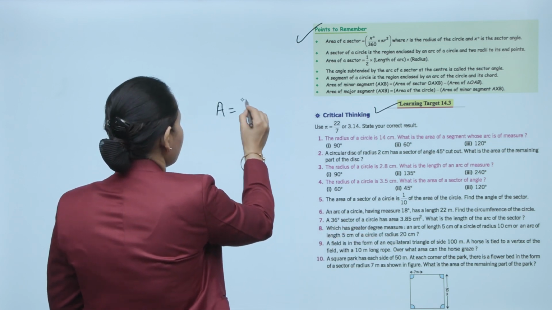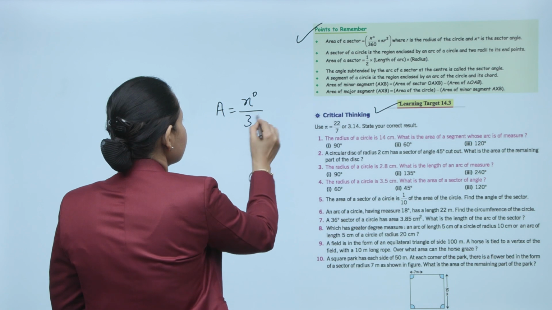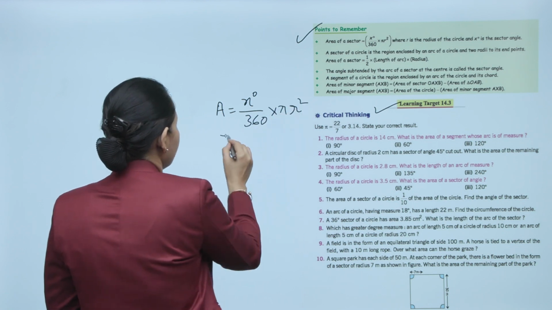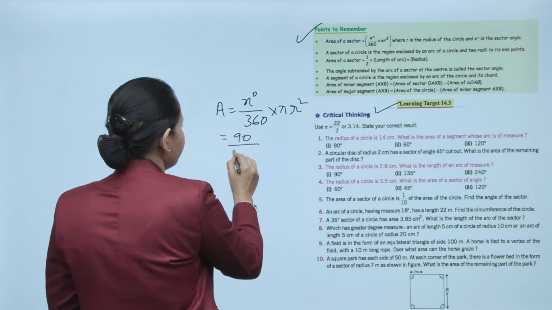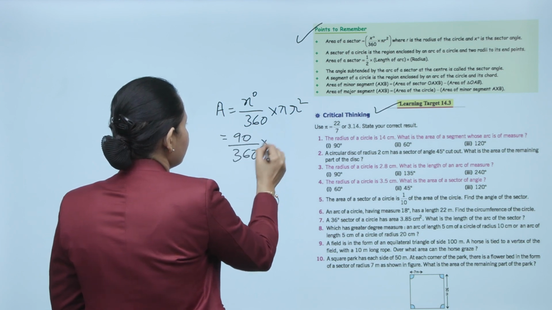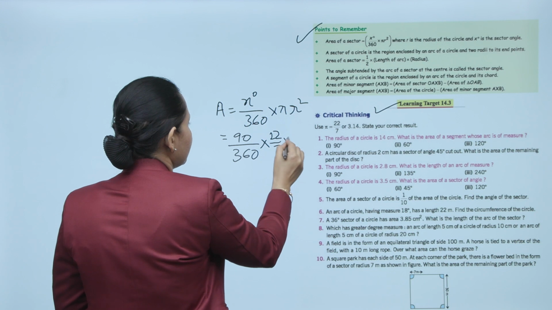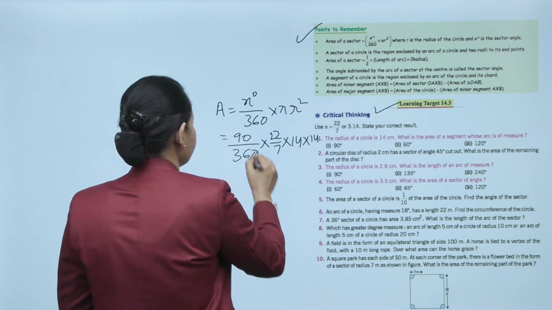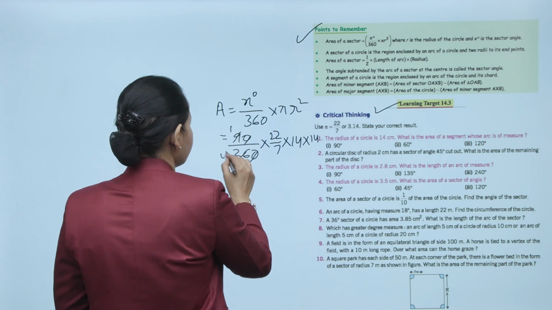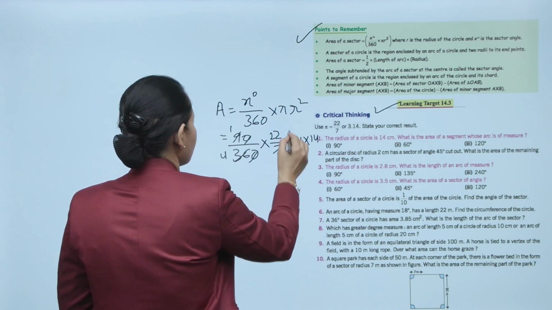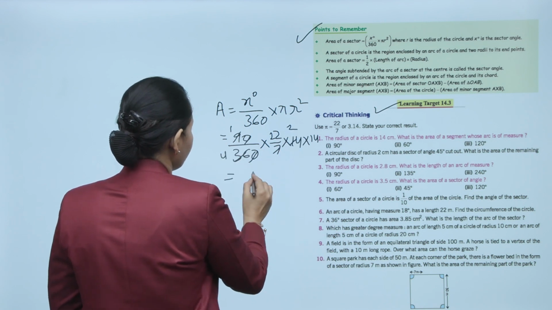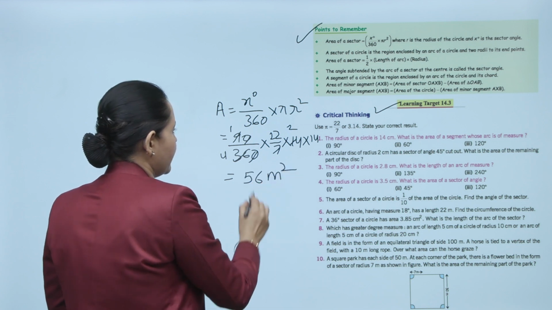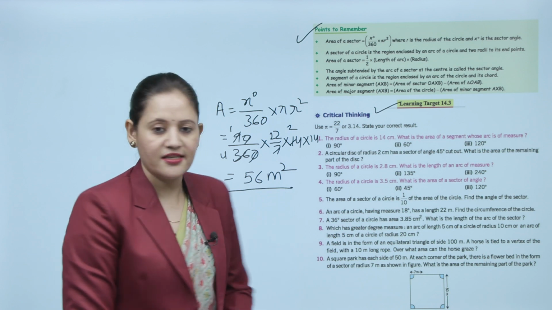Area equals x degree upon 360 degree multiply by pi r square. x 90 given है, 360, 22 upon 7 multiply by 14 into 14. सॉल्व करेंगे तो ये आ जाएगा 56 मीटर स्क्वायर. That is the area. Clear?